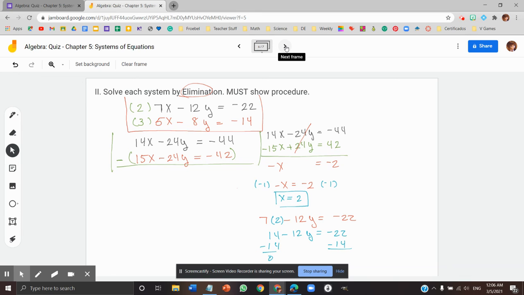Starting to get a little bit without space. I'm going to be left with negative 12y equals negative 22 minus 14, which is going to be negative 36. Now I'm going to do this in another space because it's getting a little bit tight.